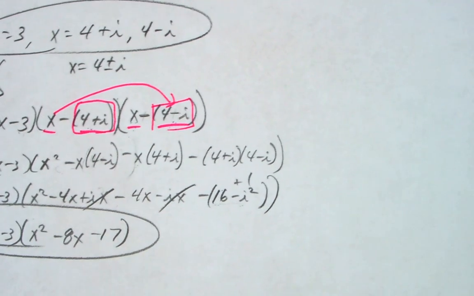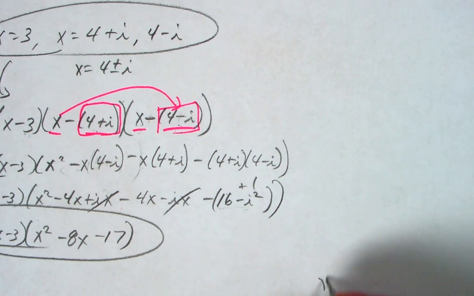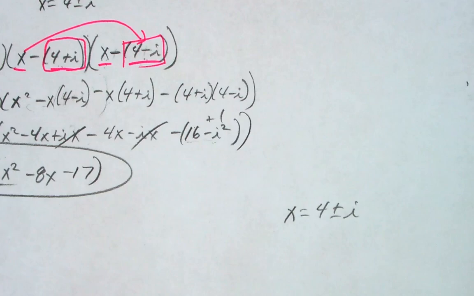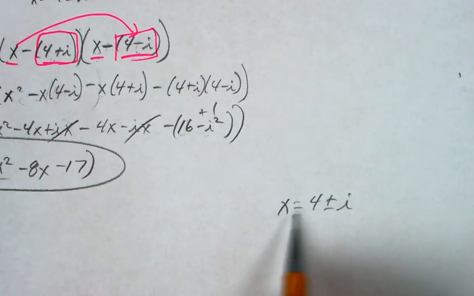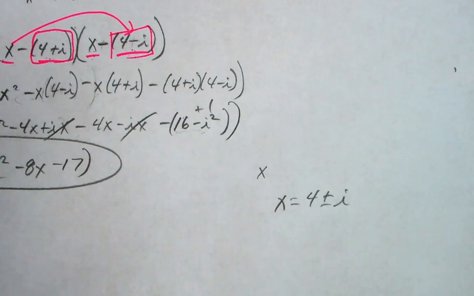I've come up with this myself. I've never seen a book teach this, but I think that this makes sense. x equals 4 plus or minus i. Let's go backwards. If this was my solution, what would have been my previous step? Let's do some other practice here.